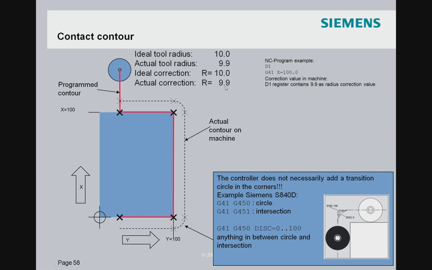So if you have a tool that is a little bit smaller than what you originally have in mind, you have to enter the actual dimension of the tool into the CADCOM register of the controller. So that's one way of approaching it.